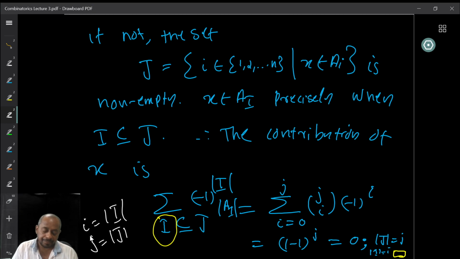So by rewriting the sum as a sum over i ranging from 0 to j, where i is the cardinality of the set I, notice that in j choose i possible ways I can have the set I with cardinality small i.